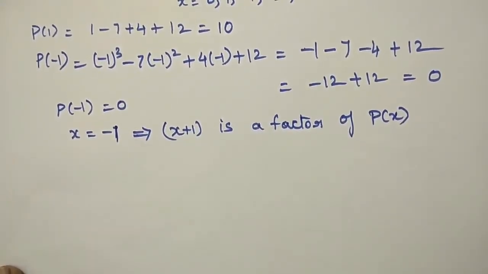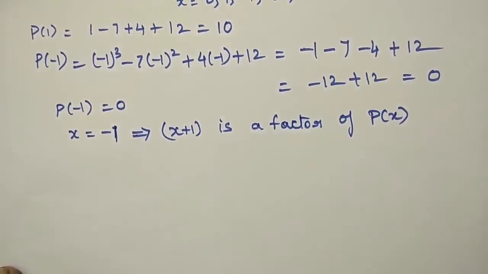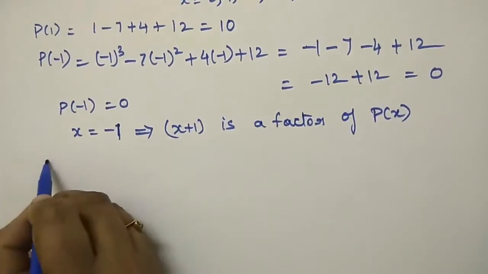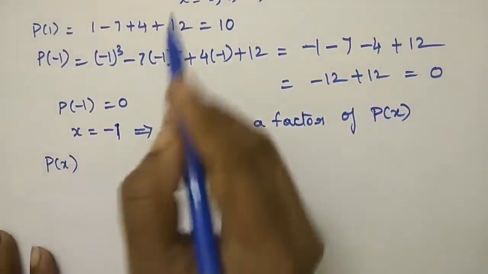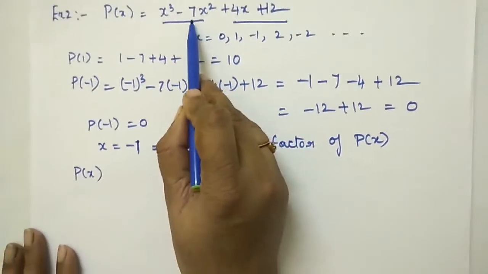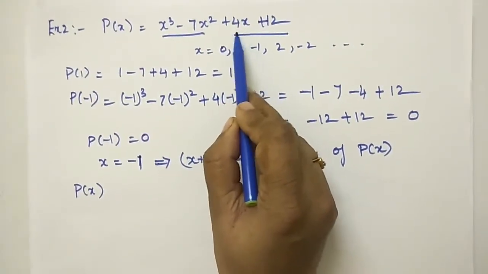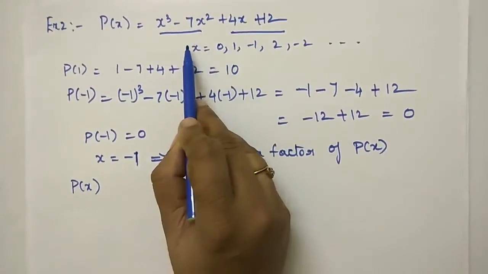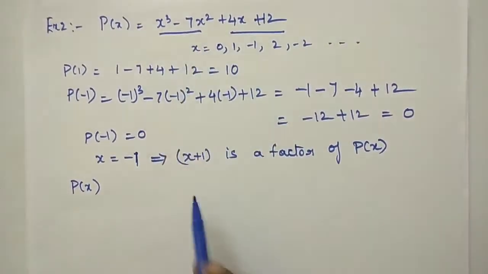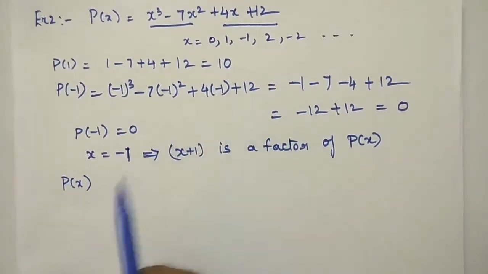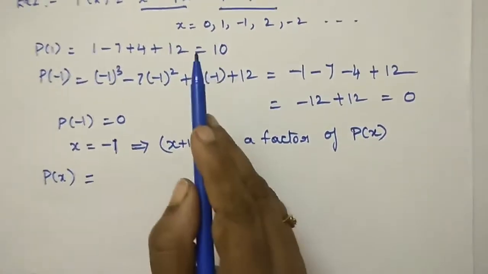Now we have to get two more factors, that is two more linear polynomials. For that, you have to split the quotient of the terms of x square and terms of 4x, that is terms of x, such that you will have a common factor as x plus 1 in each grouping. Understood?